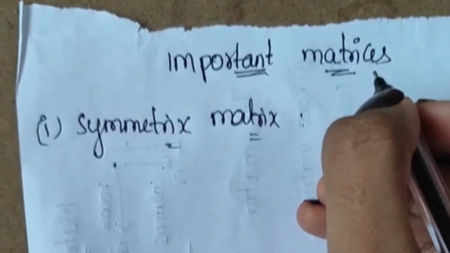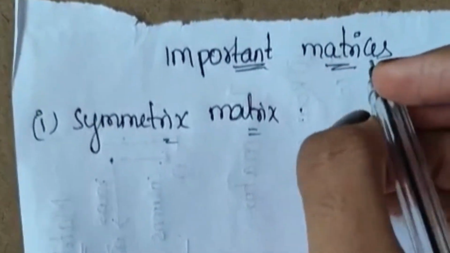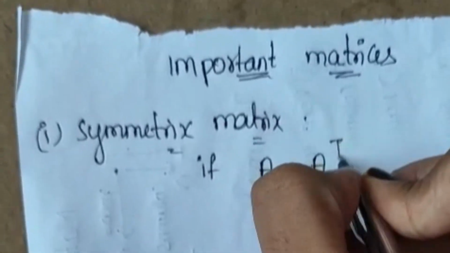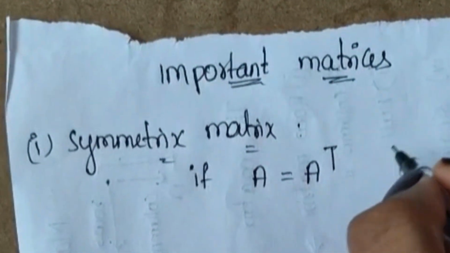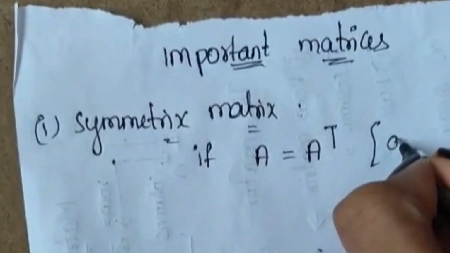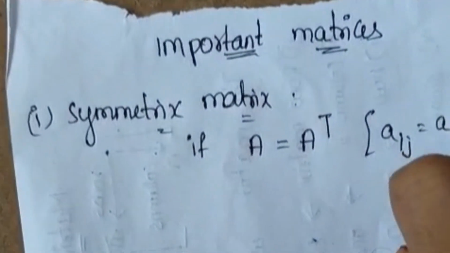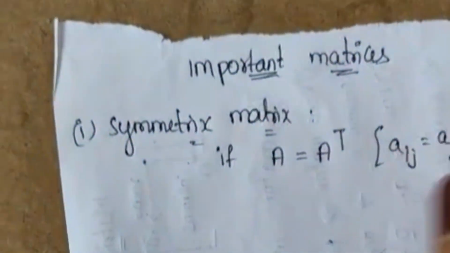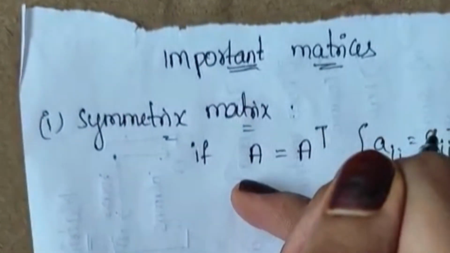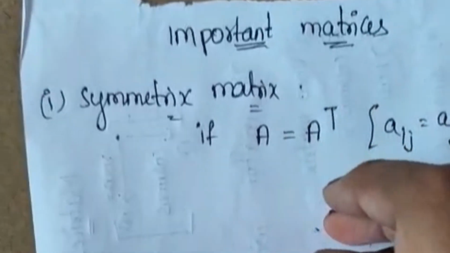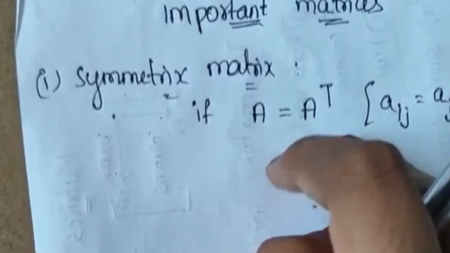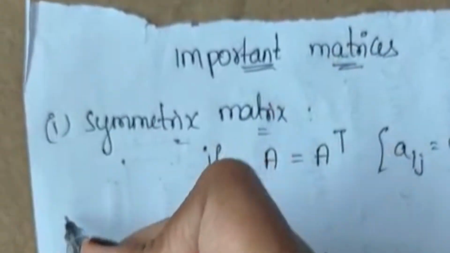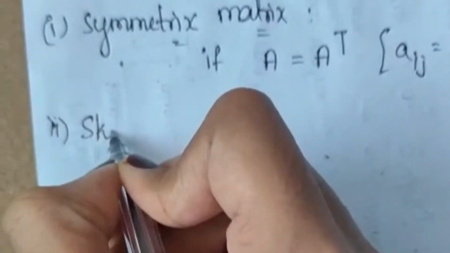A square matrix A is said to be symmetric if A is equal to A transpose, which means Aij is equal to Aji for all i, j. When we interchange the rows and columns, if they are still equal, then it is known as a symmetric matrix.